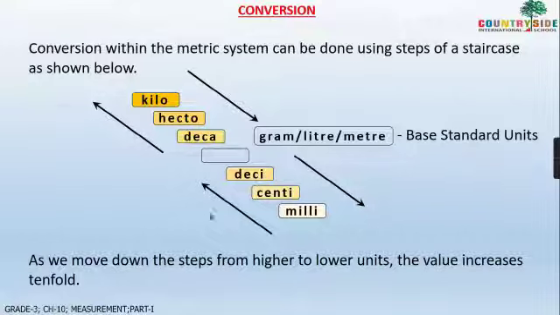So this is the arrangement in the form of a staircase, and on the basis of this staircase we are going to solve the sums. Children, remember one thing: whenever we move down from the higher unit to the lower unit, the value increases.